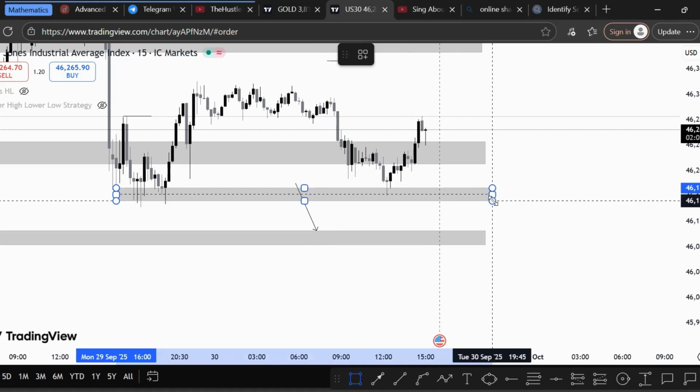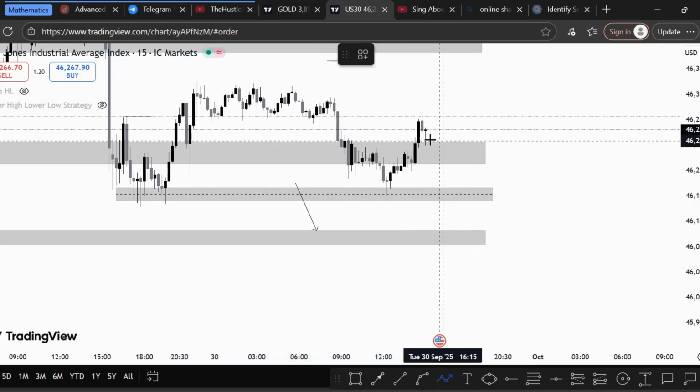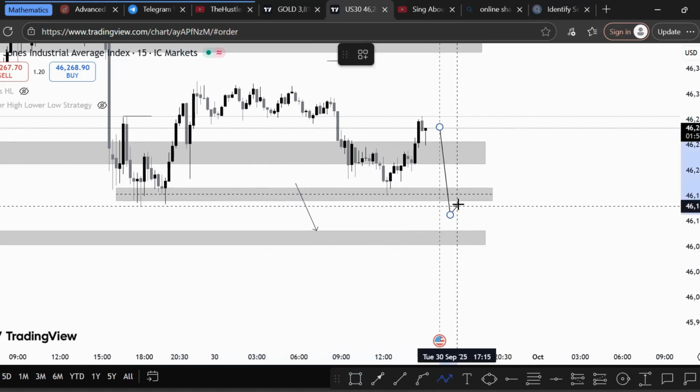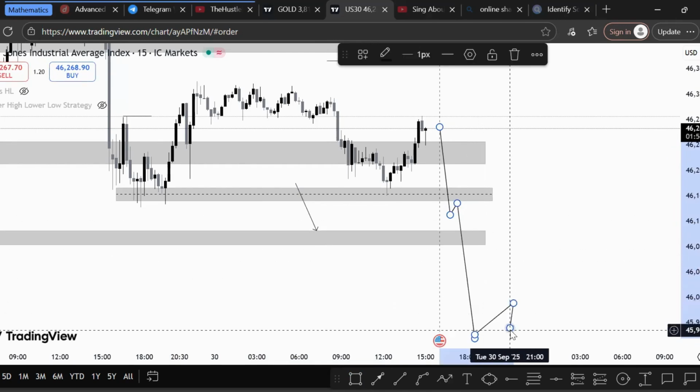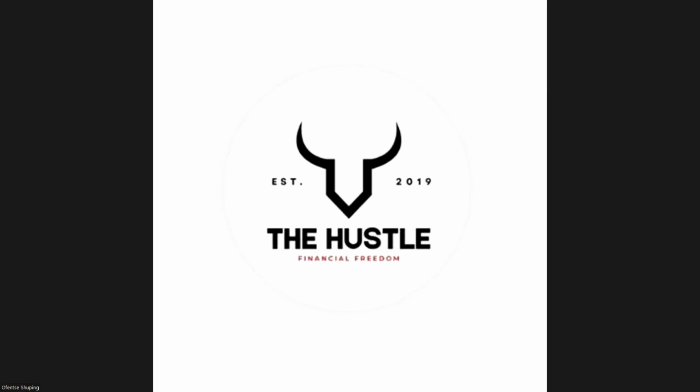You want to see price coming down, breaking below, retesting that level so you can start selling from that level and probably getting those nice clean entries.